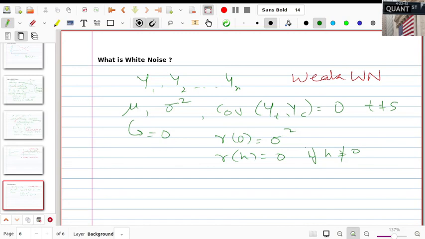Let's take a look at another type of white noise. It's called the IID white noise process. IID is independent and identically distributed.